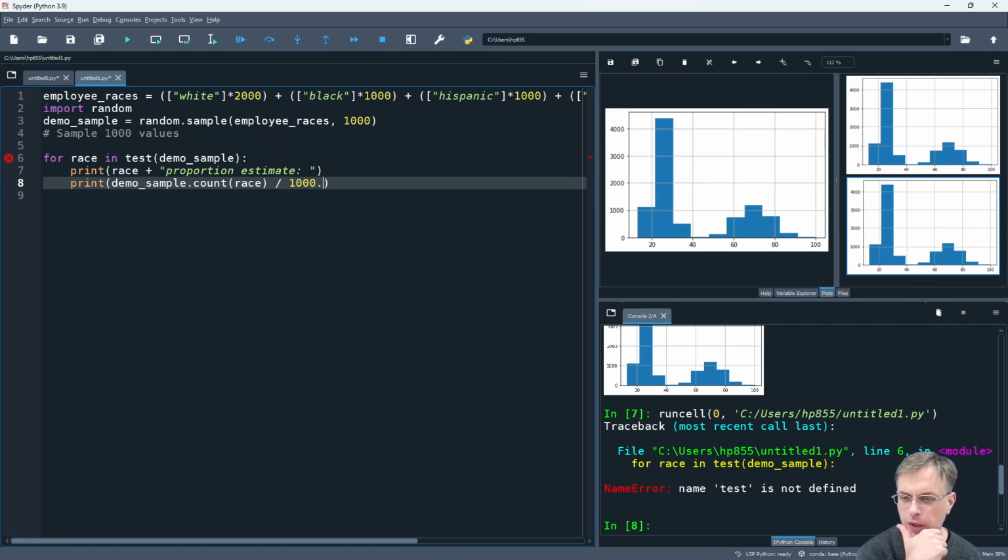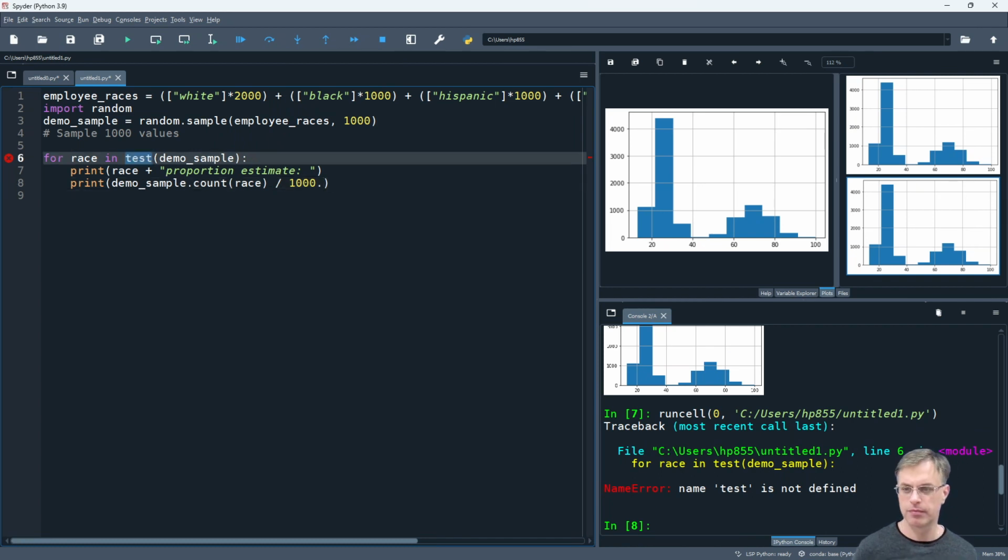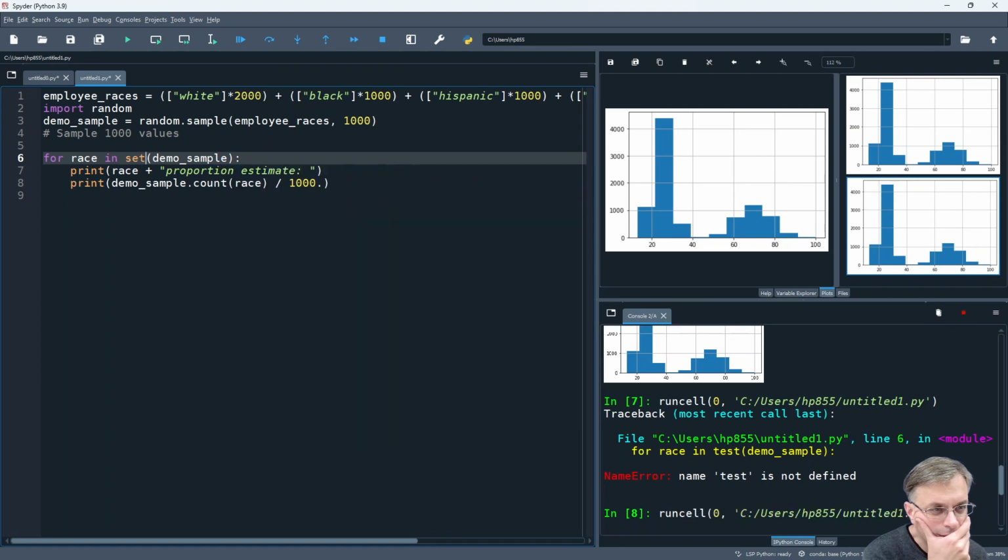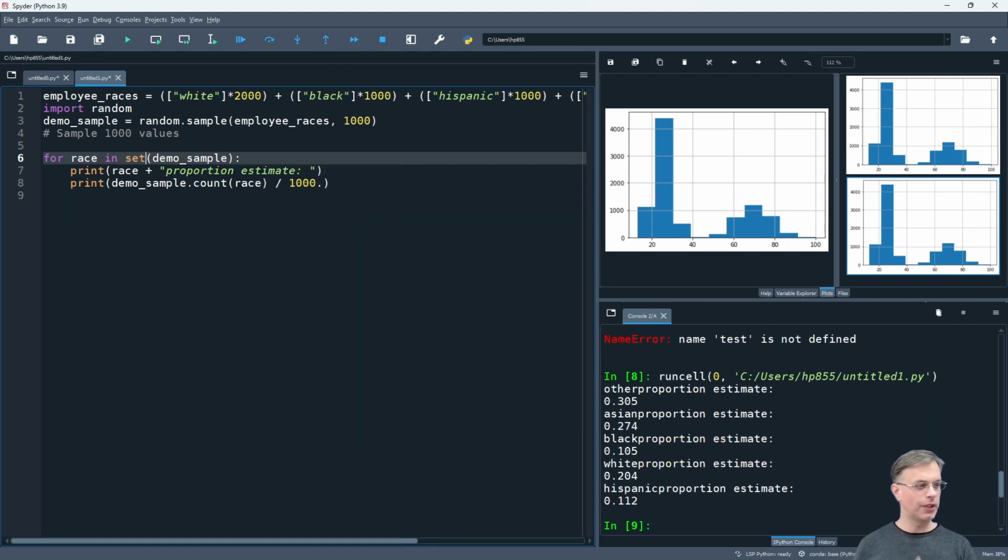So let's see what is wrong here. For race in sample, not test, sample. Okay, here we go. Well done. This is it.